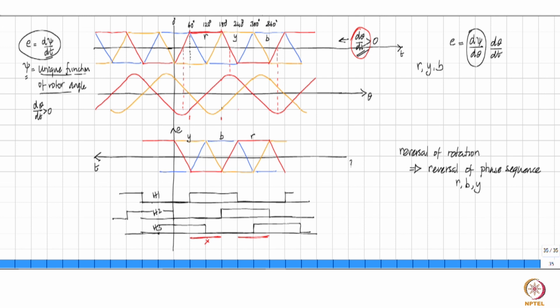Right? So, if you want to give the signals for switch number 1 for forward rotation, so let us assume that this is forward. If it is forward, then we had written the function as H1 and H2 bar.